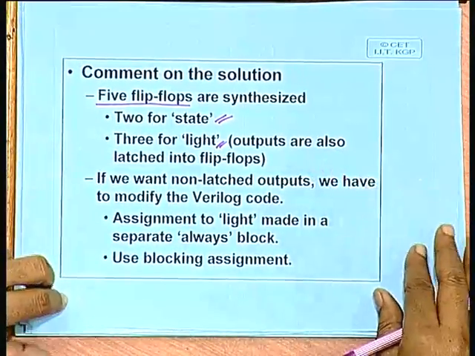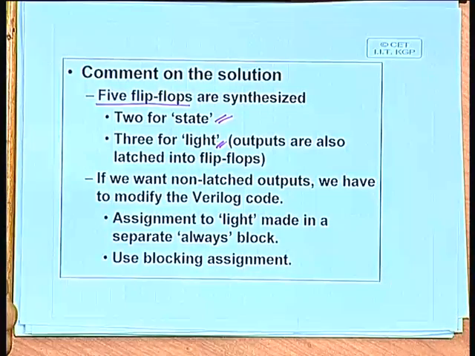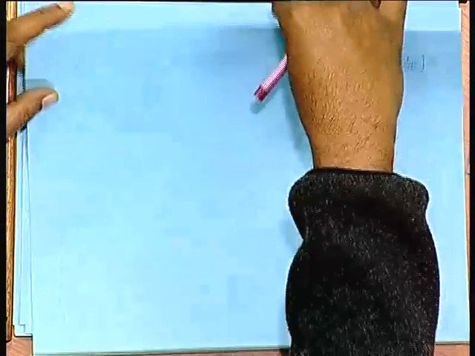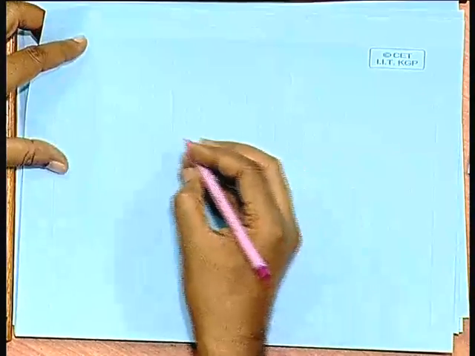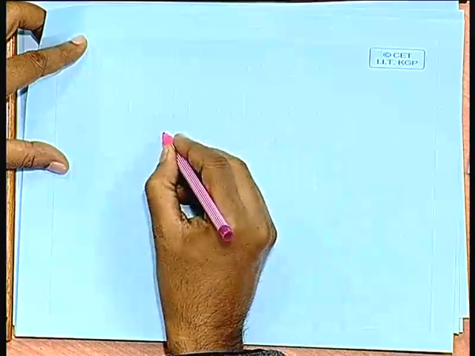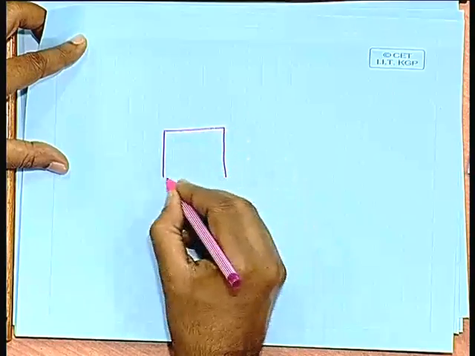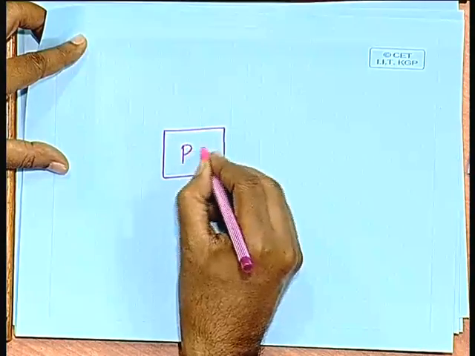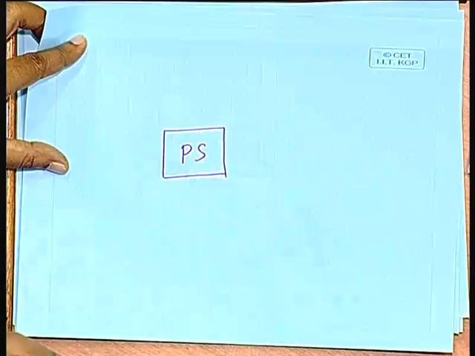But suppose we want to carry out the synthesis in a way where we specify that the lamp should be driven like this. Suppose we have this state, say this represents the present state, the 2 flip flops.